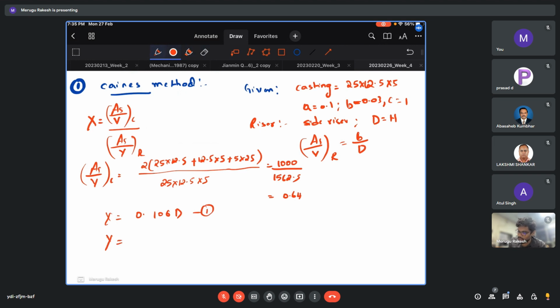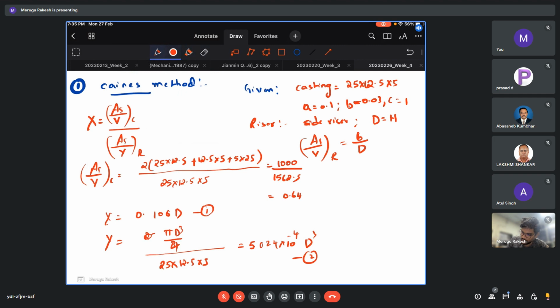Then Y is nothing but the volume of the riser, that is pi D cube by 4, divided by the volume of the casting. That is 5.04 into 10 power minus 4 D cube.